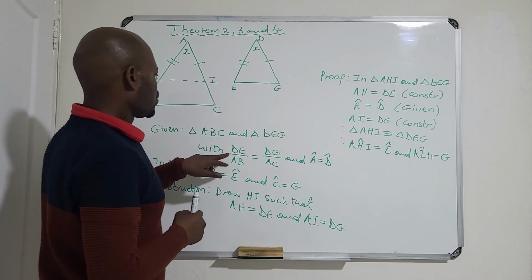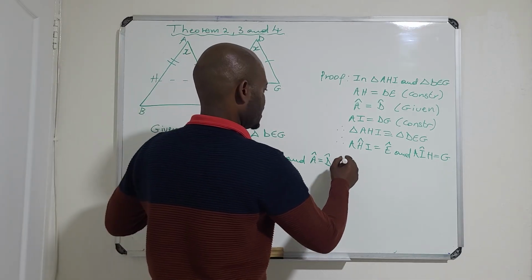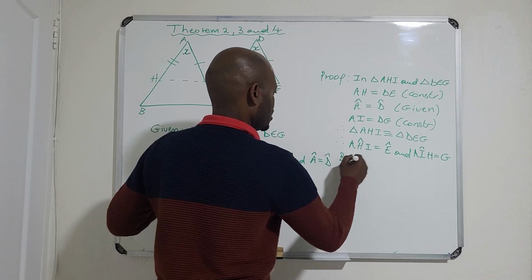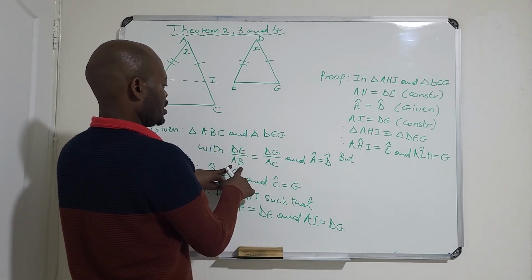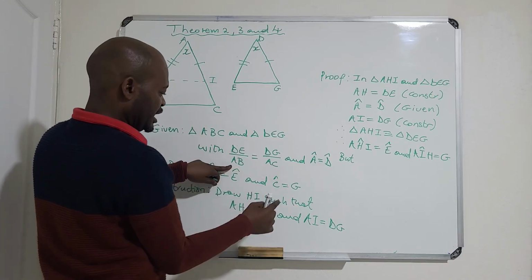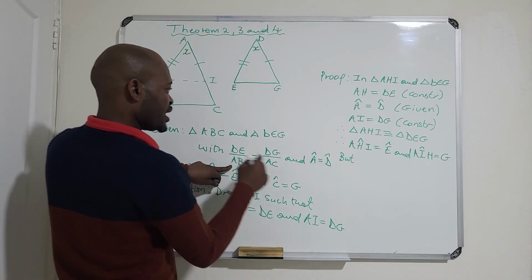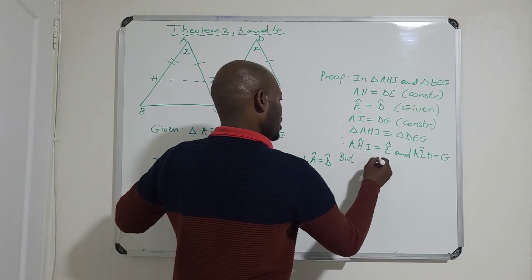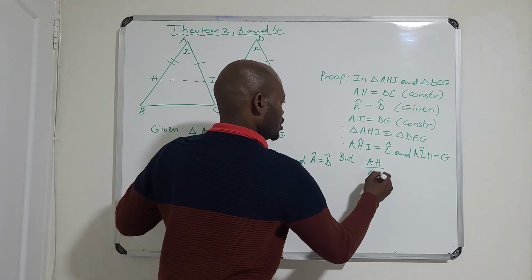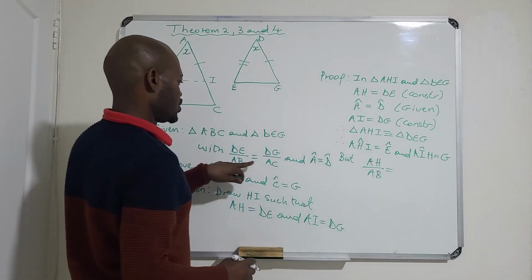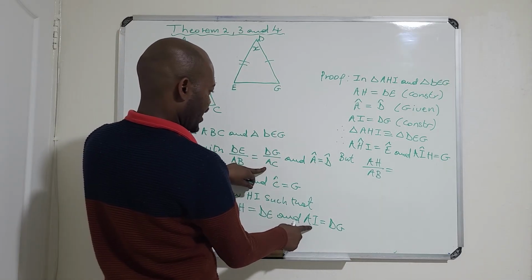Now, since we are given DE over AB, but we know what DE is. DE is AH. So we can just write AH over AB is equal to DG over AC, and we know DG is AI.